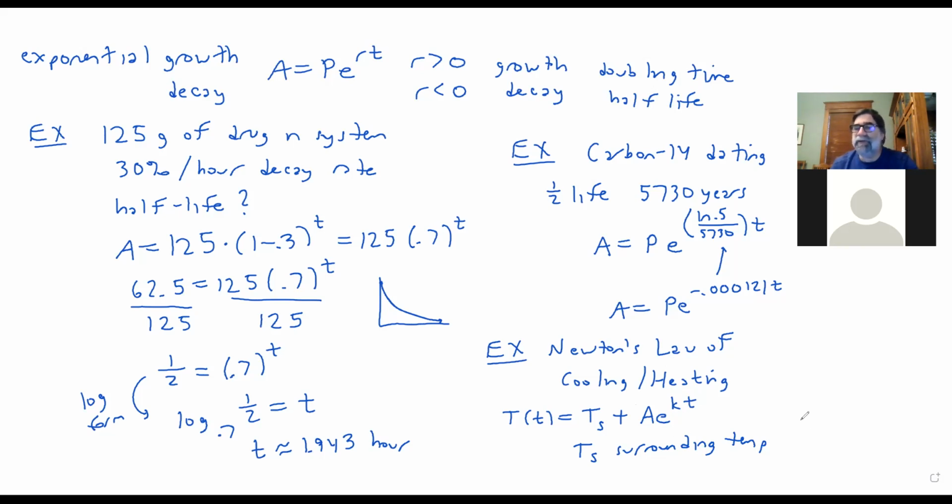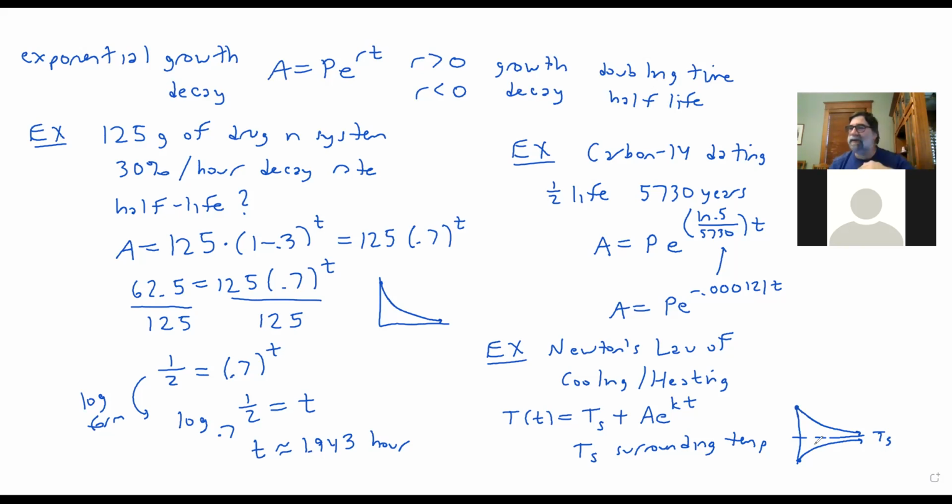What's happening with these Newton's law of cooling problems is you're going to say, here is your surrounding temperature. If your temperature starts at a number above that, it's going to cool and eventually get down to the surrounding temperature. If you start at a number below that, it's going to do the opposite. It's going to go up from there. So it's like an exponential function that's been shifted up or down a certain number of units.